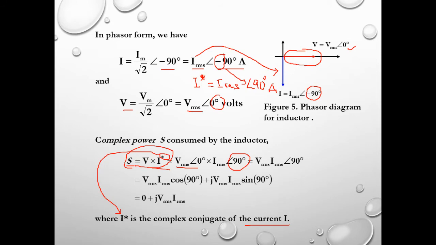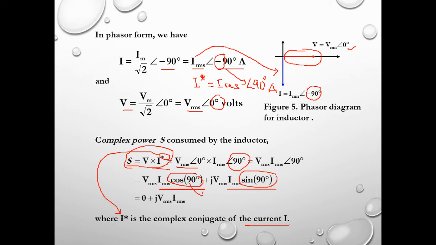Solving, S equals V RMS I RMS at 90 degrees. Now expand this equation, so we have both the real and the imaginary parts, where the real part is represented by cos 90 degrees and the imaginary part by sin 90 degrees.